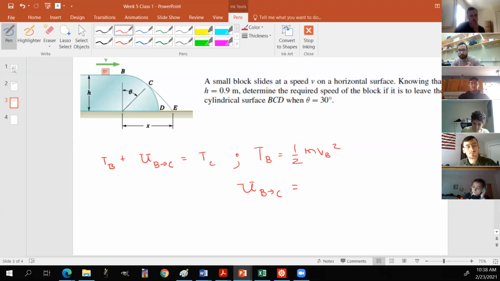In terms of the things that you have, what is the only force that's doing work here, guys? Recall your pendulum problem. Gravity, or weight? Gravity. So what's the work done from B to C going to be? It's basically going to be your weight times the change in vertical distance.